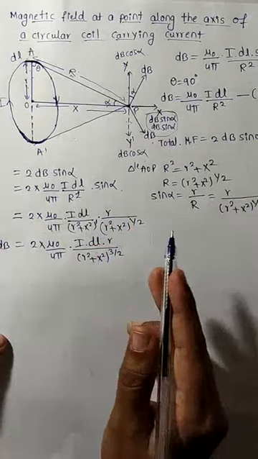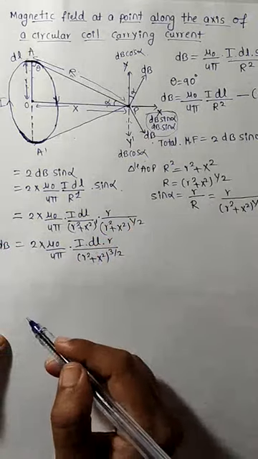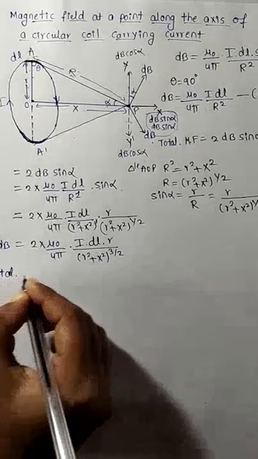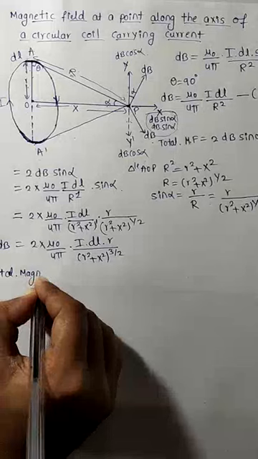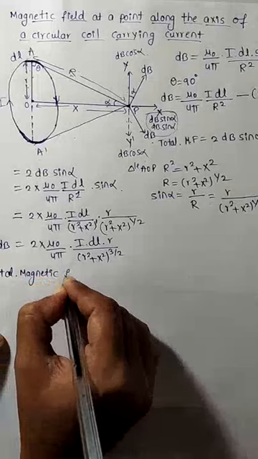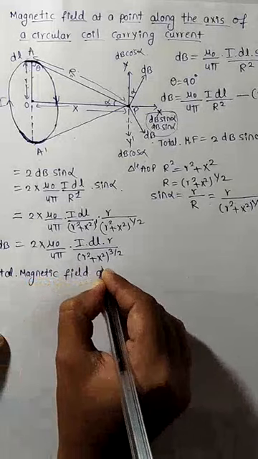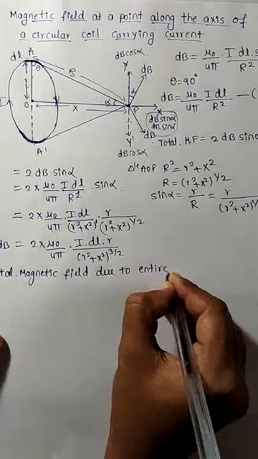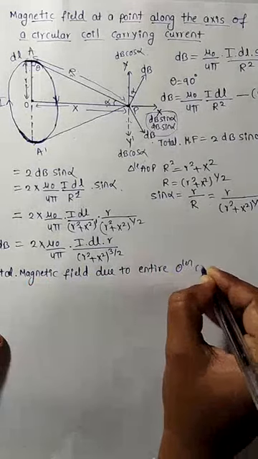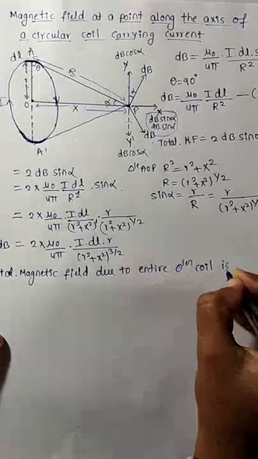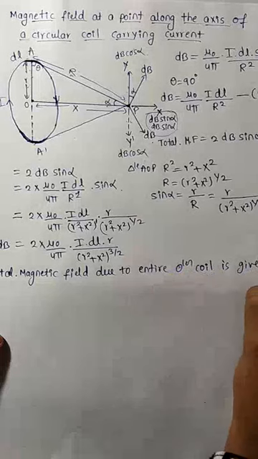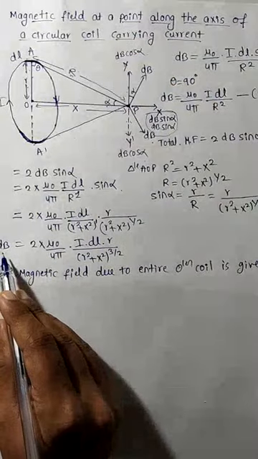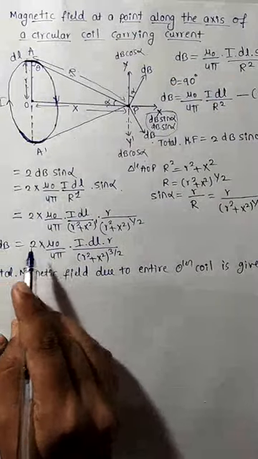So now the total magnetic field due to the entire circular coil is given by, because of these two we got a dB value equal to this much.